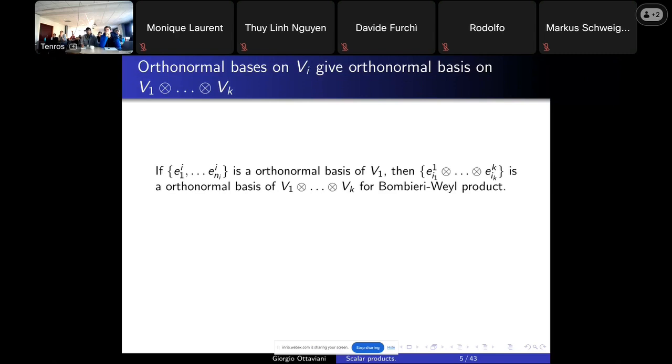Then you change all the indices, one in the first vector space, 2, 3, up to k, which is the last one, and you declare this is an orthonormal basis, and then it is an exercise to see that if you change basis according to orthonormal properties, so if you act with the orthogonal group, what you define in this way is well defined and it is invariant. Doing exercises, of course, is important.